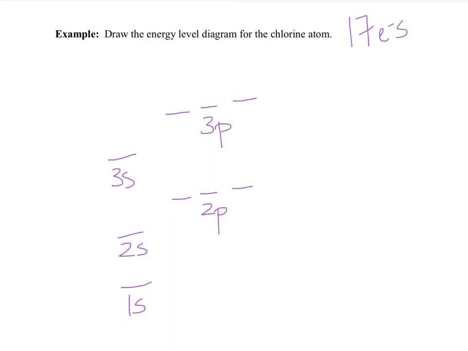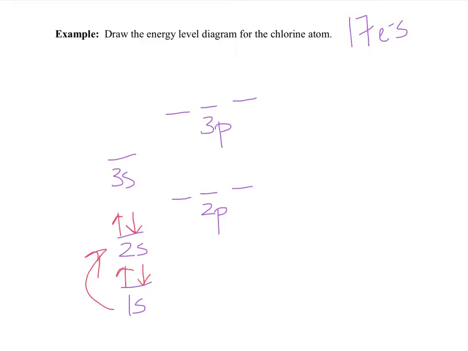So now let's begin putting in the electrons. The first electron goes into 1s, the second also in 1s, and once it's filled with 2, and there are no more orbitals for 1s, then we go on to 2s and put in the next 2 electrons. Once 2s is filled, the next one is 2p.